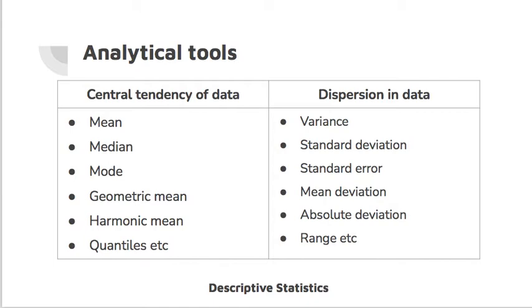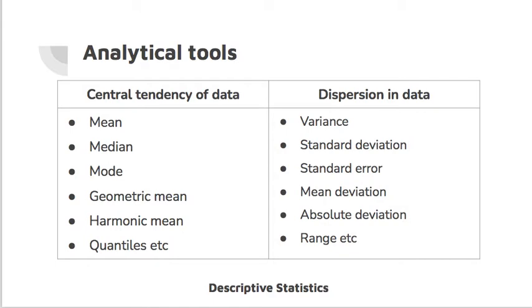The tools that come in measures of central tendency are mean, median, mode, geometric mean, harmonic mean, quantiles, percentiles, etc. All these fall under the measures of central tendency of data.